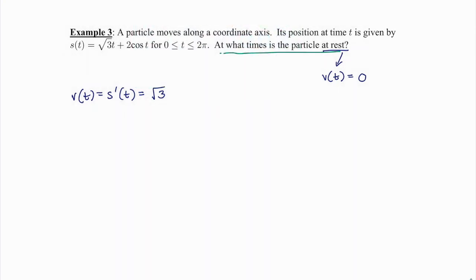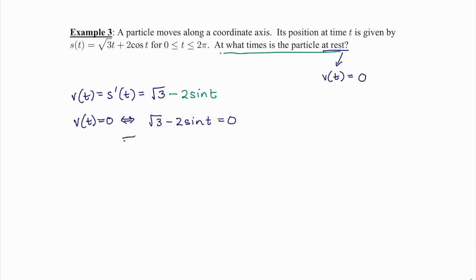So let's write down minus 2 times sine t. So there's our velocity, and we would say the velocity is 0 if and only if square root of 3 minus 2 sine t is 0.